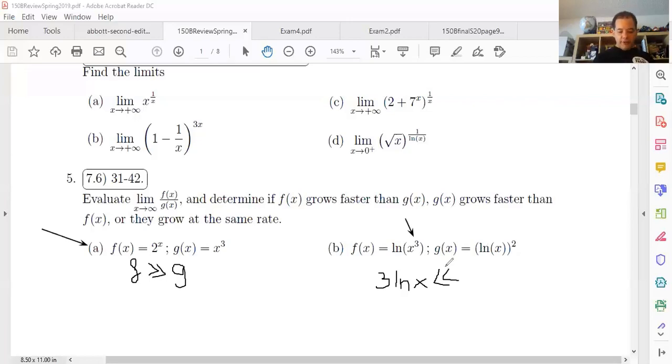But the important thing to remember from this, let me show you the page in just a moment, we're talking about page 497.